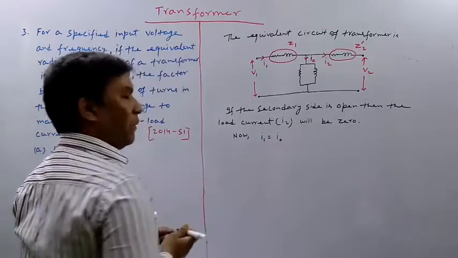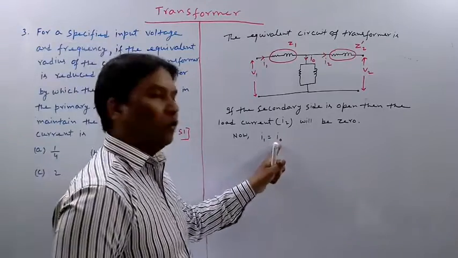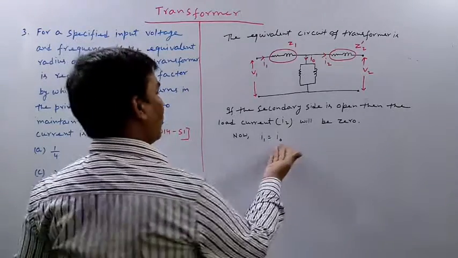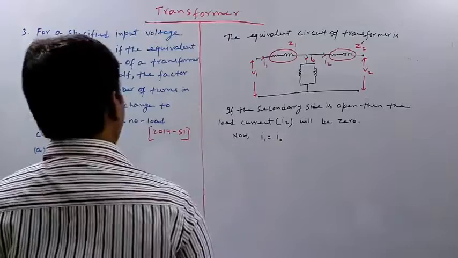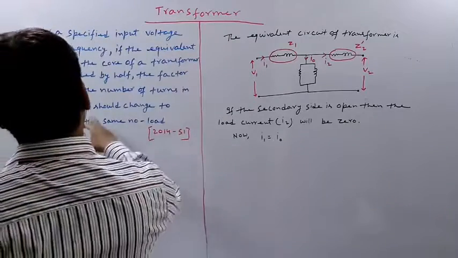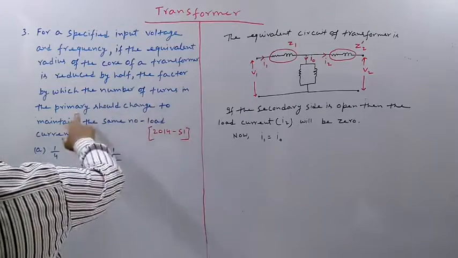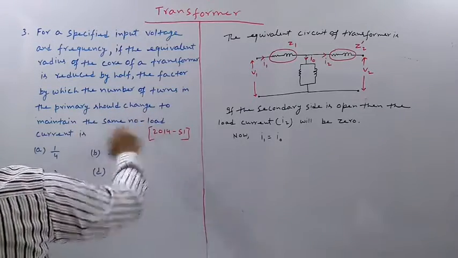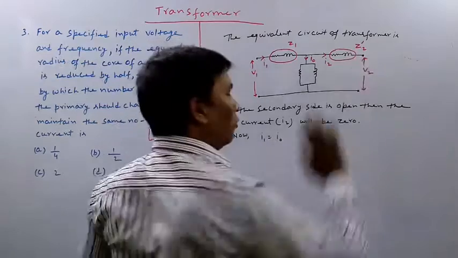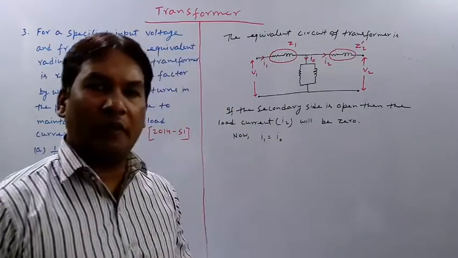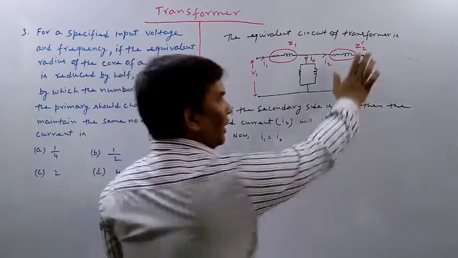I1 is primary current and I0 is no load current, means no load current or open circuit current. The question is asking about the factor by which the number of turns in the primary should be changed to maintain the same no load current. No load means the secondary circuit is open.